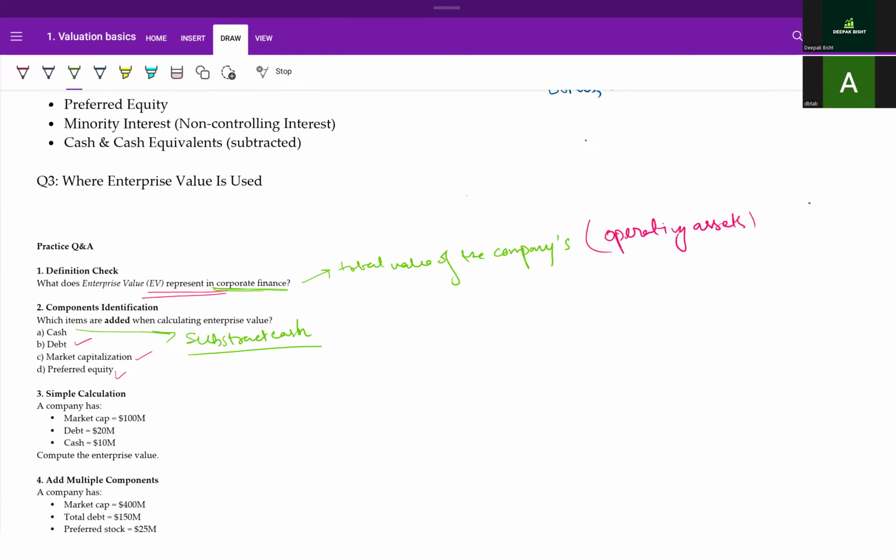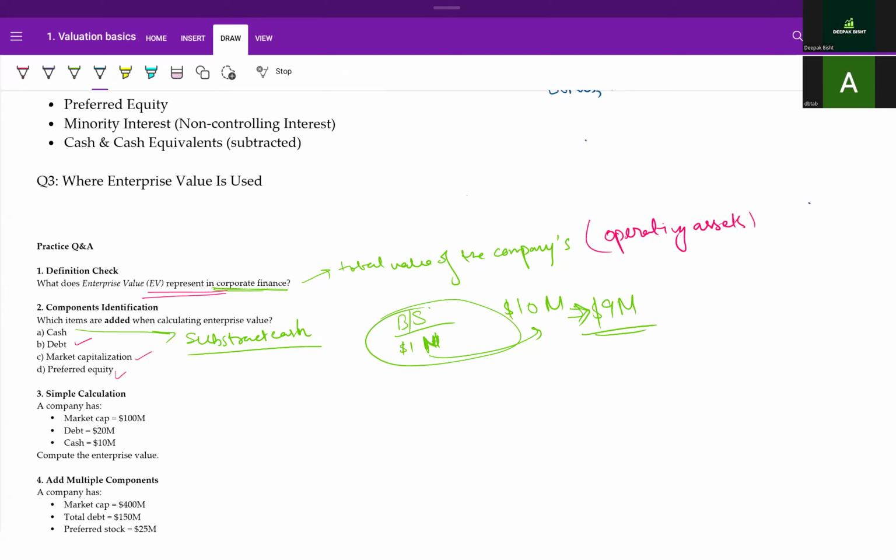If you are acquiring a business which has $1 million on its balance sheet, this is now your $1 million. So if you're buying the business for $10 million, you can use this $1 million to pay, and then you will only have to pay $9 million. So you subtract this.